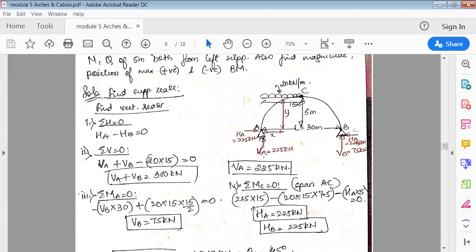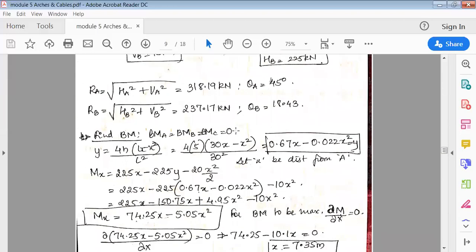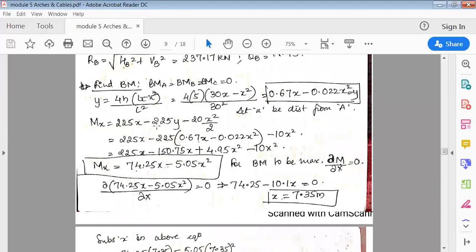Mx is equal to VA, 225 into x, the perpendicular distance. Next, HA is also 225, so 225 into y, and this 20 into x by 2. So 225 into x minus 225 into y minus 20 into x by 2.